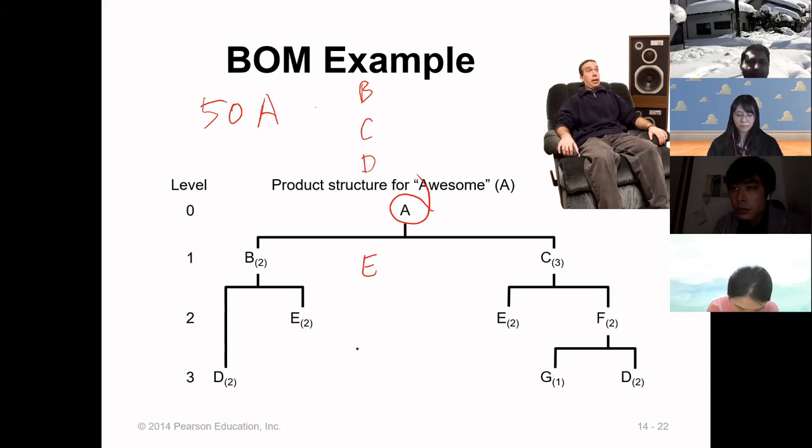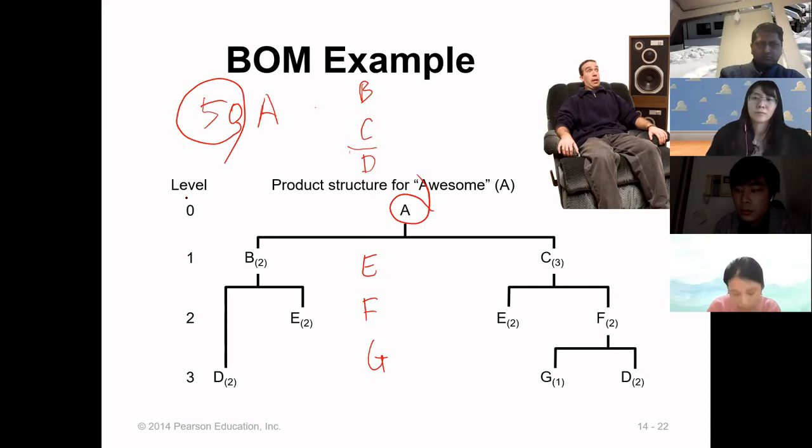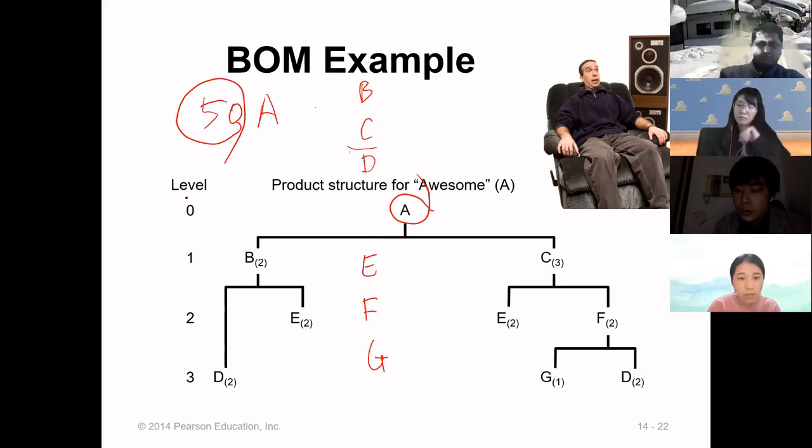This is level 1, 1, 2, 3, 4, 5, 6. Tell me, if I want to produce 50, that's what is dependent demand. Can you calculate and tell me how many B's? Let's start with a simple one, B and C.